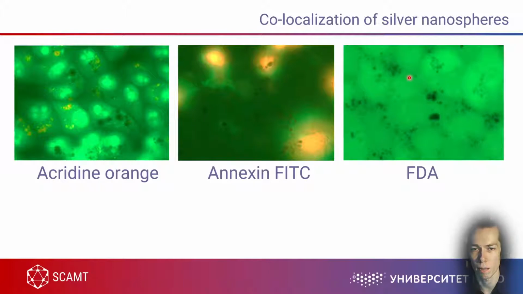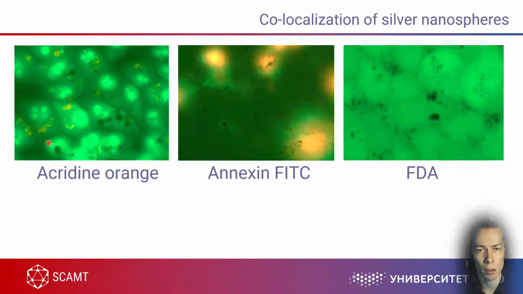So what I mean is, if we look at this picture, it's acridine orange staining, and just look at what we see compared to this staining. We see a nucleus, we see some micronucleus inside, we see some ribosomes, because ribosomes are rich with RNA, and RNA is stained orange.